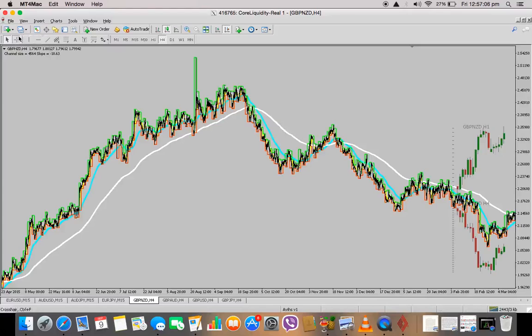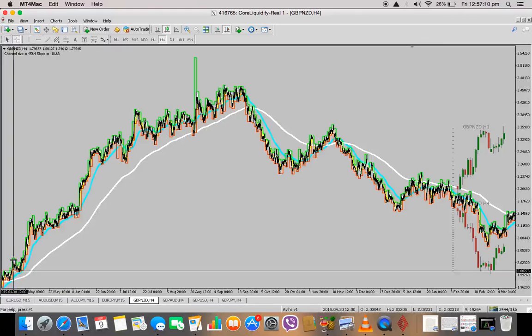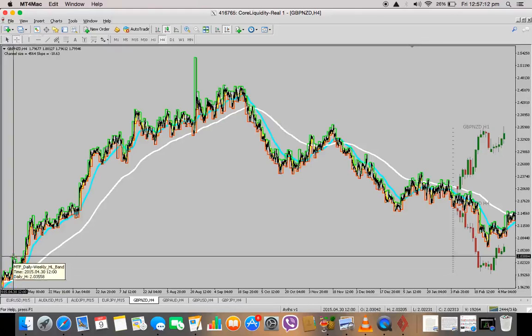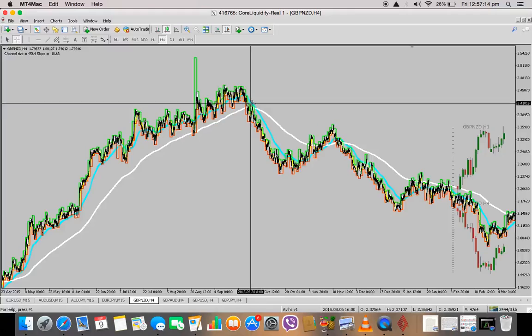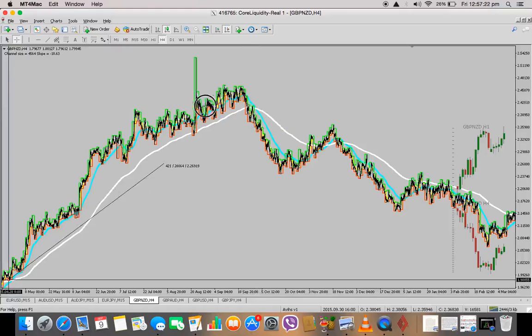So in this case, if you could really wait from this point, which was April 2015, till September, or end of September, October 2015, that would have been one long trade. If you waited for price to come back and hit the EMA 200, there we go, that's 3,700 pips.